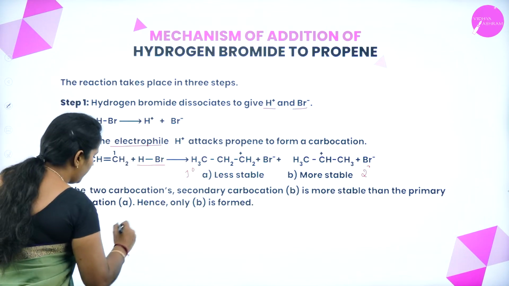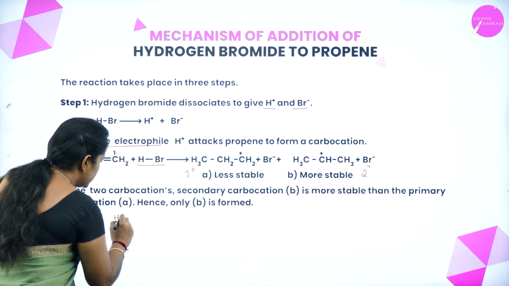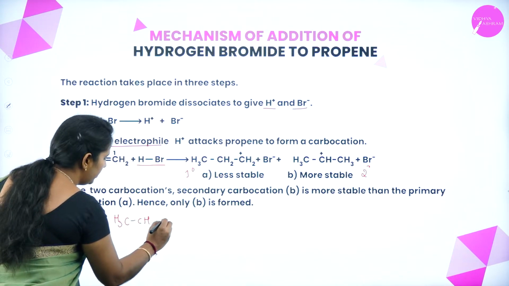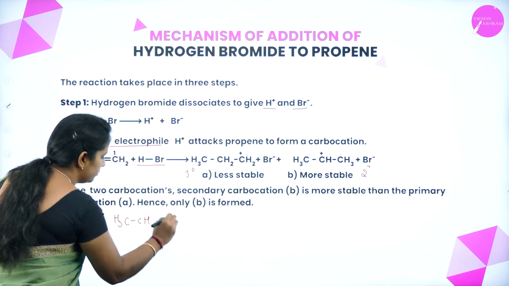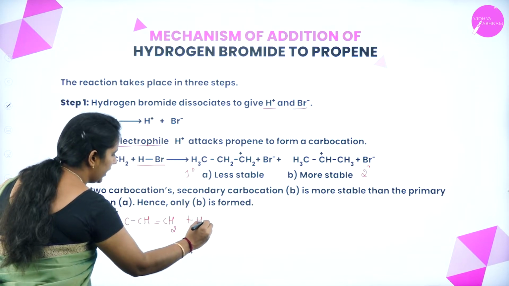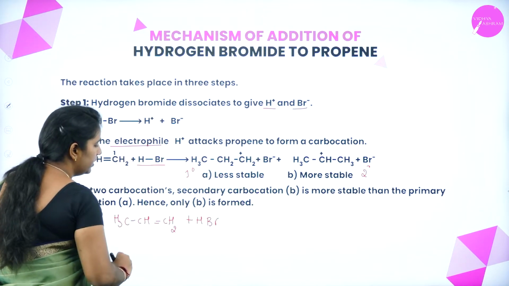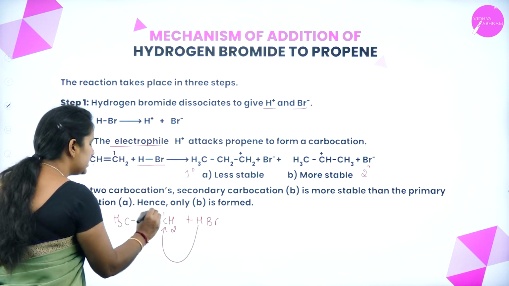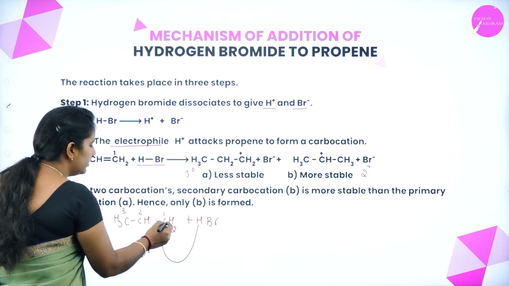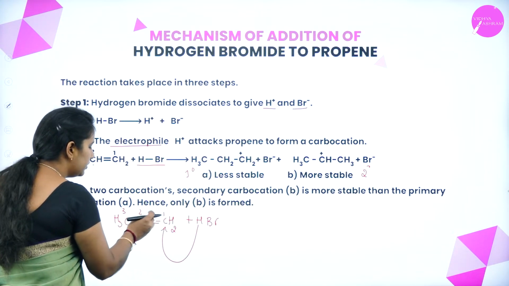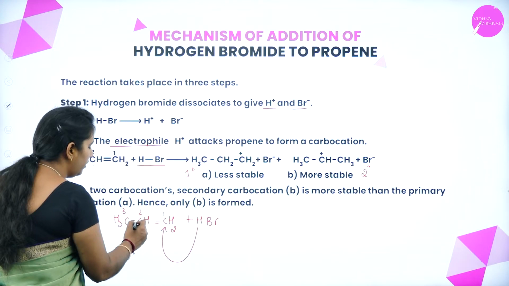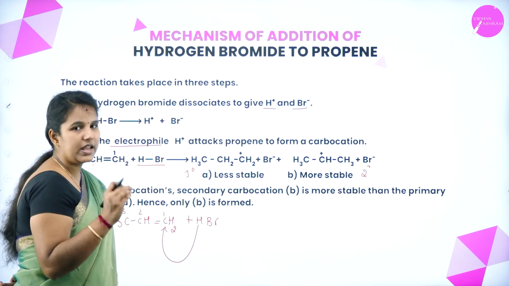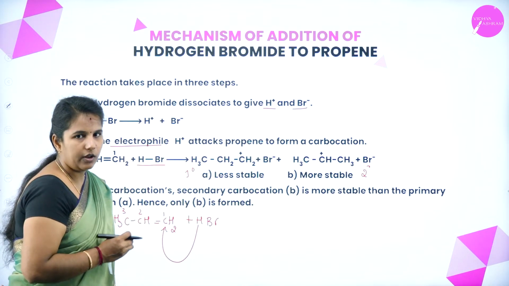In propene, we have CH3, CH, double bond, CH2. If you are adding HBr, suppose the H plus ion attacks the first carbon atom, the other carbon atom will take up the electrons from the second carbon atom and form a less stable carbocation.